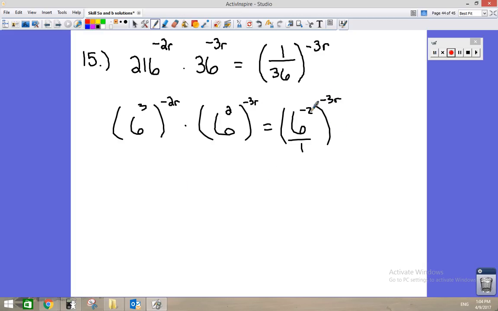A negative exponent never makes your answer negative. It just changes the location of that base within a fraction.